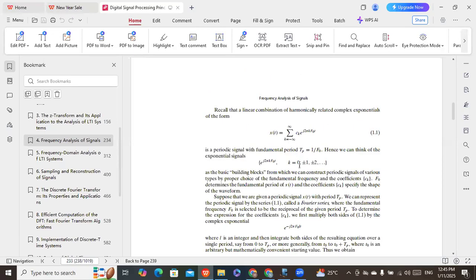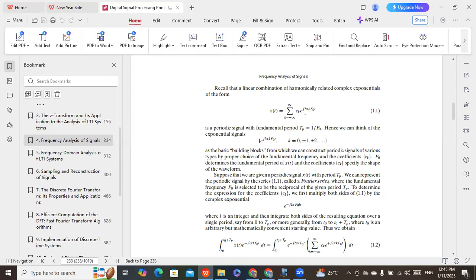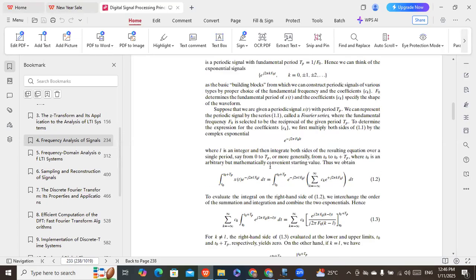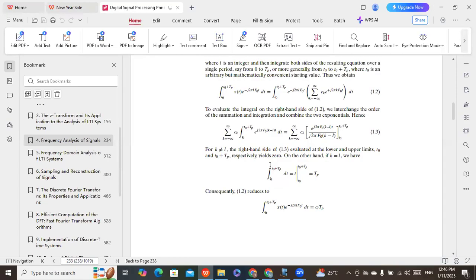You see k. The k is an integer value, from minus infinity to plus infinity, minus or plus integer value. Don't forget that one.